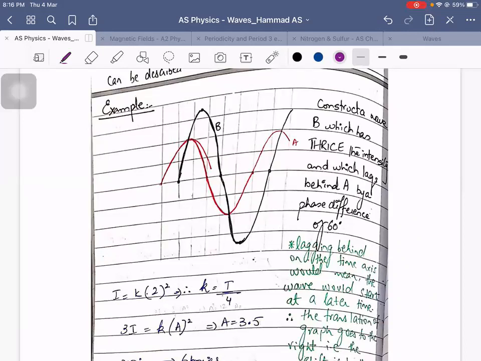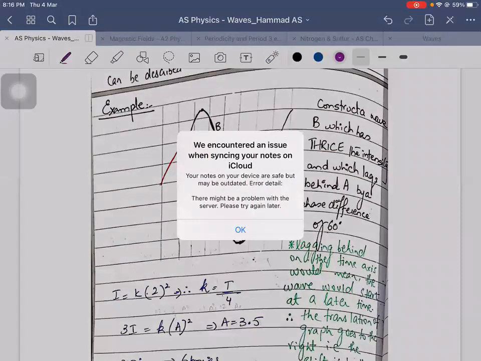When we were talking about crests and crests, we would simply say that the 2 points are in phase with one another because of the fact that they had identical behaviors, right? If 2 points are exactly opposite to one another, for example, crest and trough, they were out of phase to one another, right?